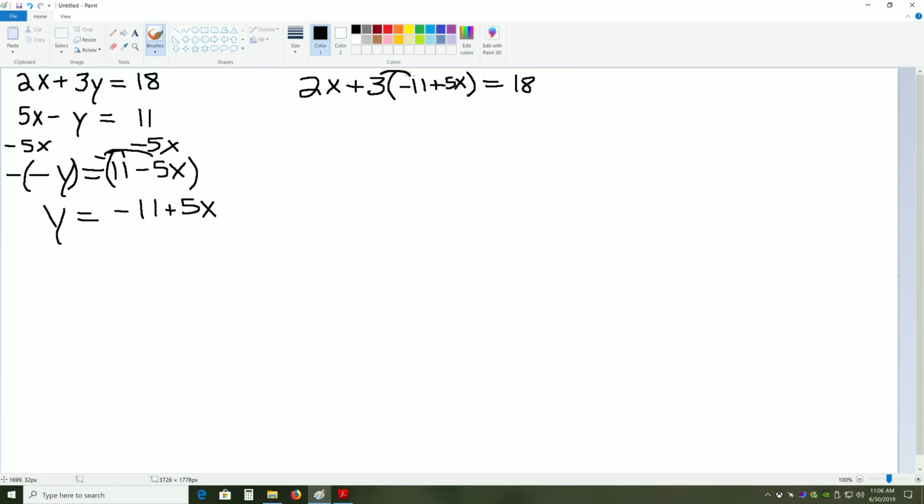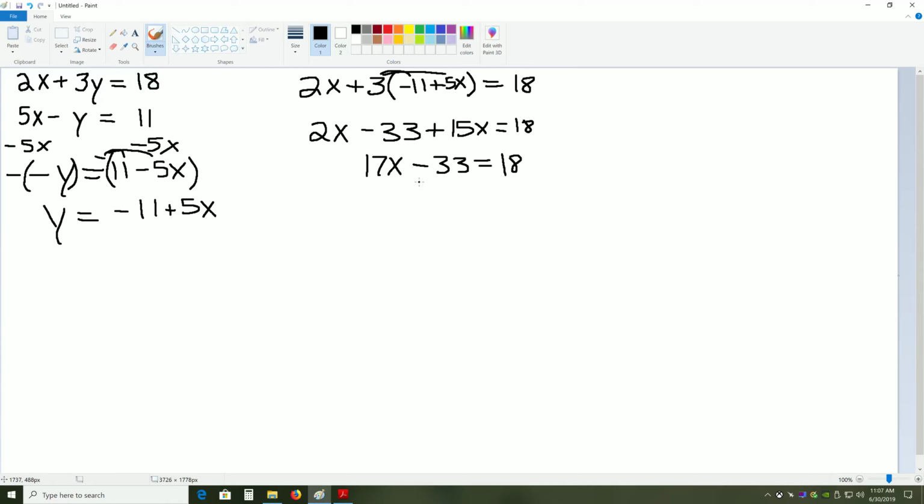We'll start by distributing the 3. So we get 2x minus 33 plus 15x equals 18. And then 2x plus 15x gives us 17x minus 33 equals 18.